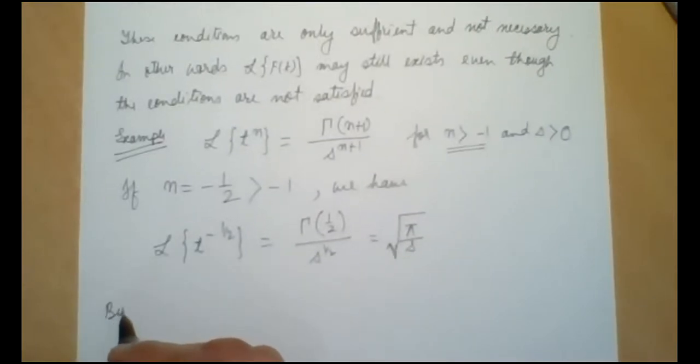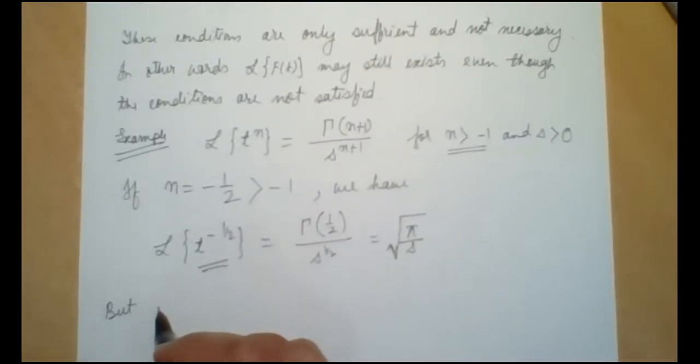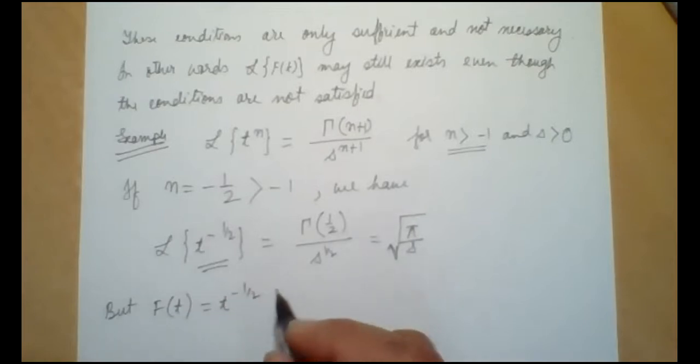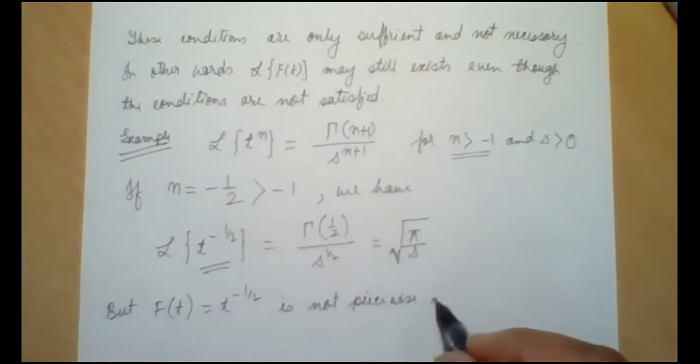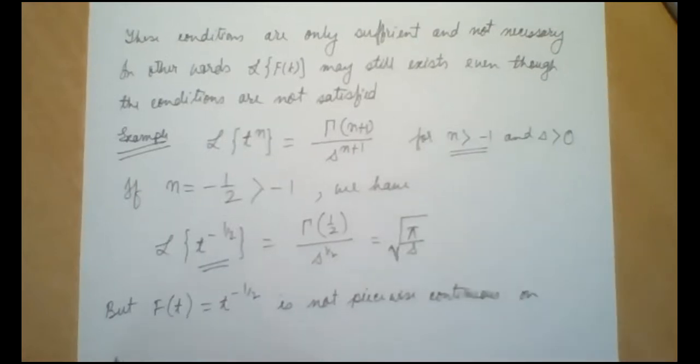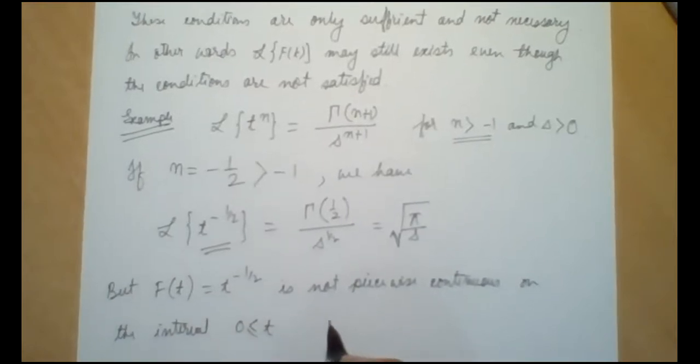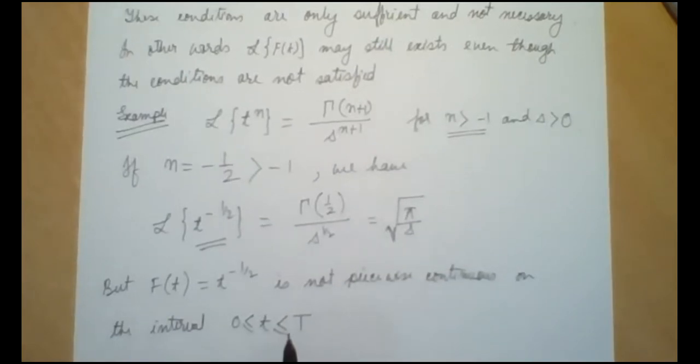But this function f of t is equal to t to the power -half is not piecewise continuous on the interval 0 less than equal to t less than equal to capital T. That is t lying between 0 and capital T, where capital T is any positive number.